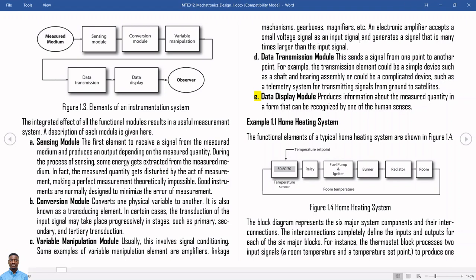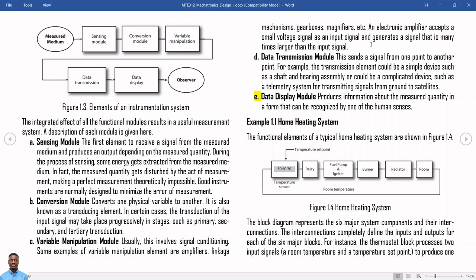Just by the name, amplifier, it amplifies the input. So your variable manipulation module can be an amplifier, a magnifier, a gearbox, or a linkage mechanism. What they do is to receive the signal at some level and increase it by as many ratio as they are designed to do.